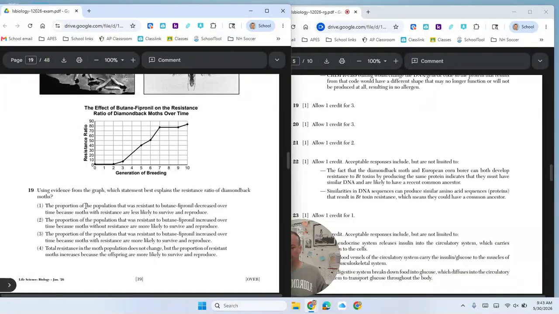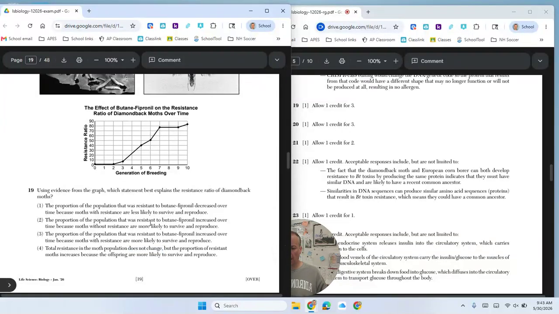So the first part of this question is, what actually happened? The resistance increased. So immediately we could eliminate choice 1, because that's saying that the population that was resistant decreased. We could also eliminate choice 4, because this one says the resistance did not change, but actually it did. So now we're choosing between 2 and 3.